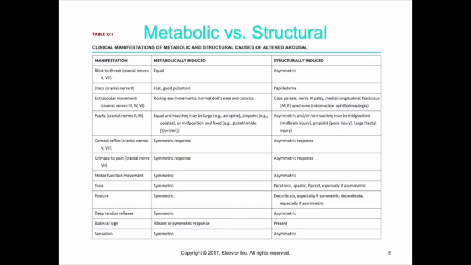So in terms of changes in cranial nerve 2 or 7, you might see with metabolically induced changes that these cranial nerve reactions would be equal, whereas if it was a structural indication, cranial nerve 2 and 7 would be affected asymmetrically.